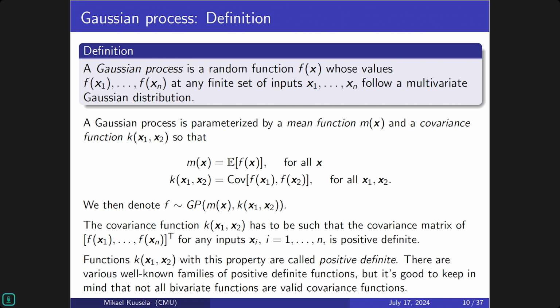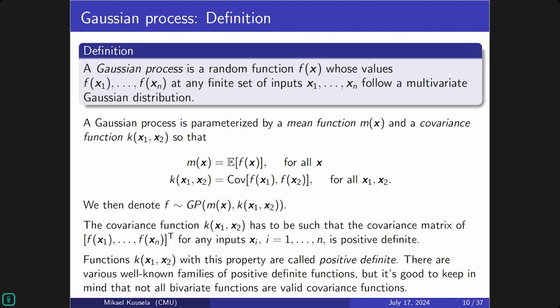And not all functions give you that. Those functions that do are called positive definite functions. It's not super important how those are characterized, but the important thing to keep in mind is that not all functions are valid covariance functions.